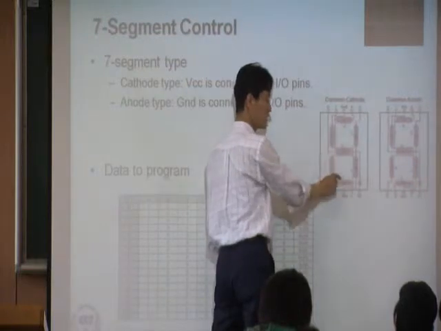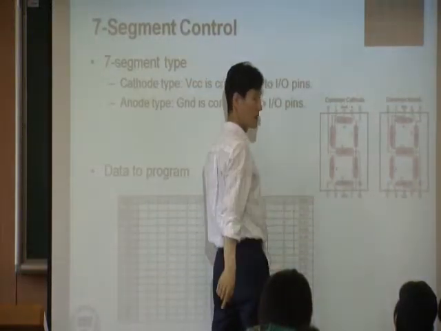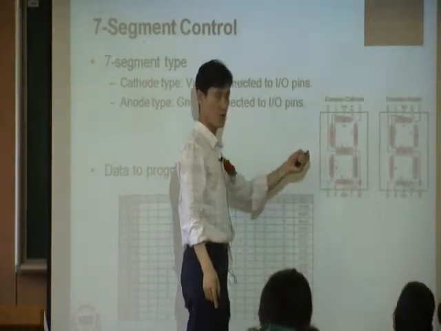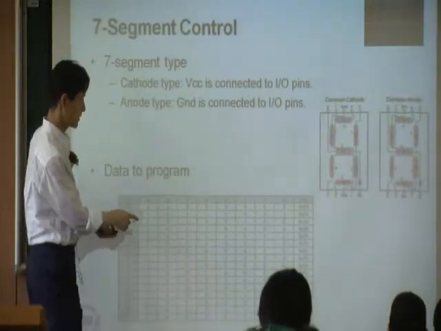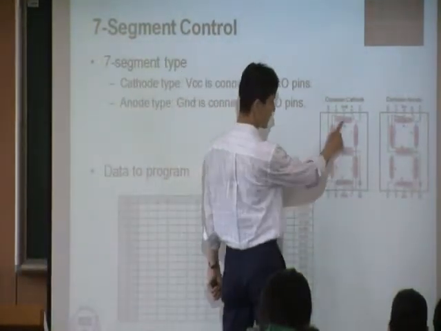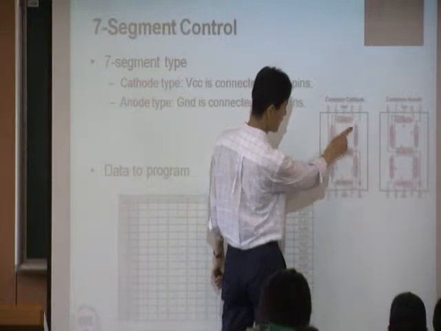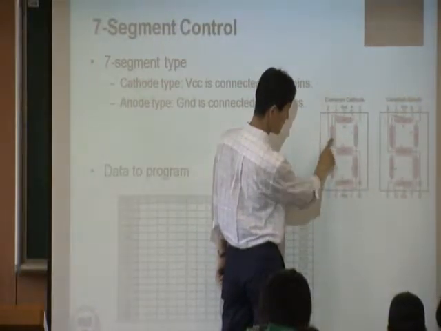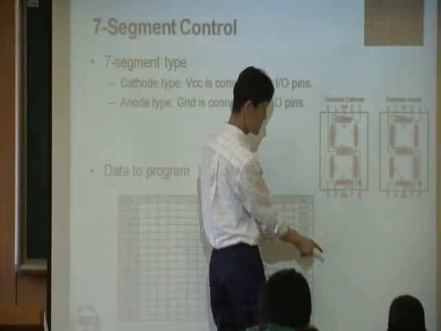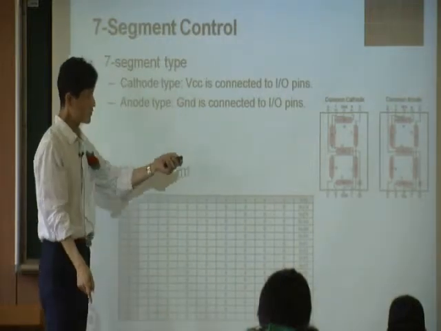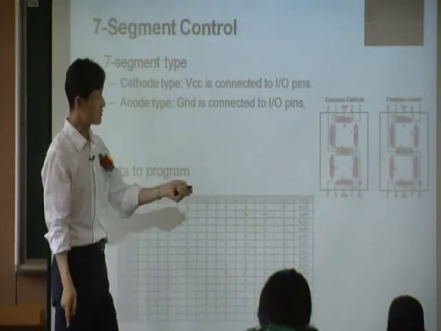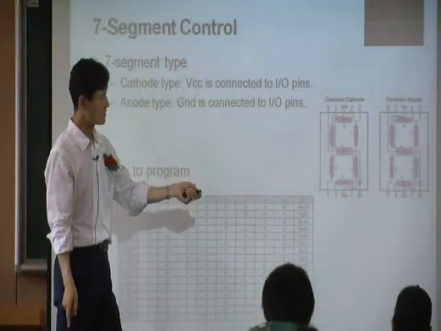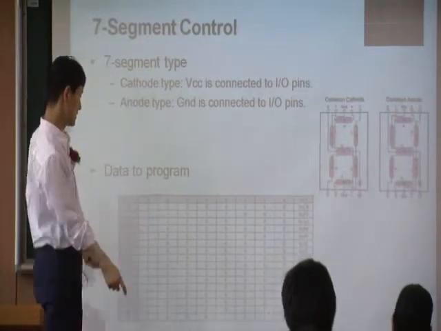You want to turn on these 6, then it'll show you a 0. To do that, we have the alphabet here: A, B, C, D, E, F, G. So in order to make a 0, you need to turn on A, B, C, D, E, F, like this.